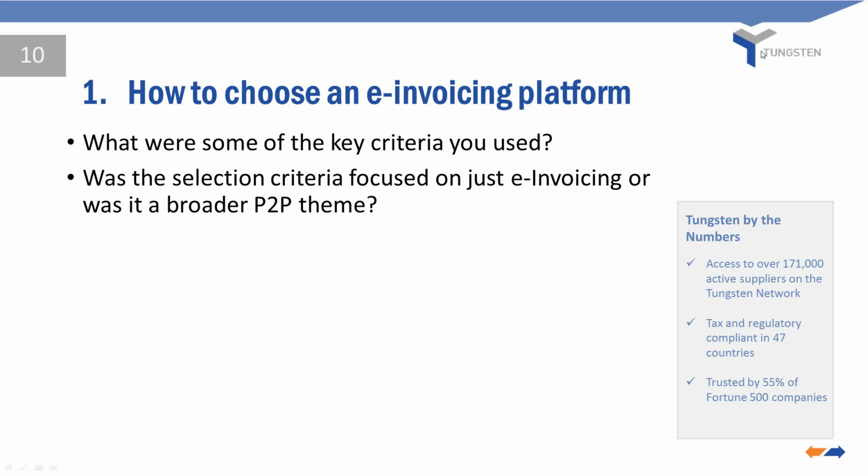Ben, why don't you share a little bit. As Ben talked about, they have centralized their invoice receipt and payment process in a single shared service center, so their scope is very large. So what were some of the key criteria for the VA that were really important? Sure, I'd be happy to, Chad.